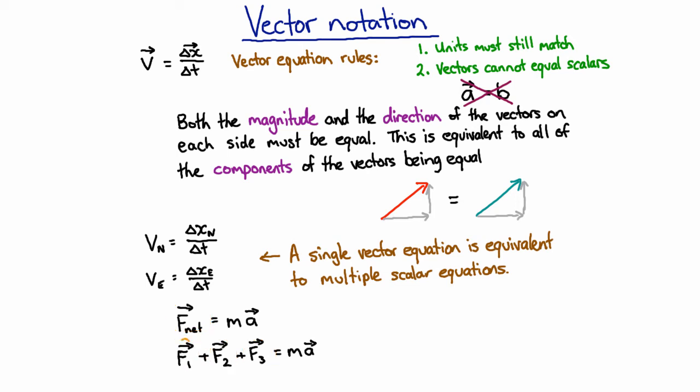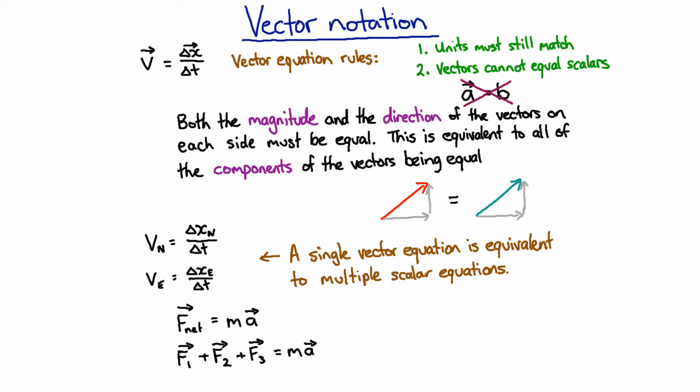And similarly, the y component plus the y component plus the y component gives me the y component, and the z plus the z plus the z gives me the z component. So once we break a vector equation down into its components, it's just multiple equations of the type that we're used to.